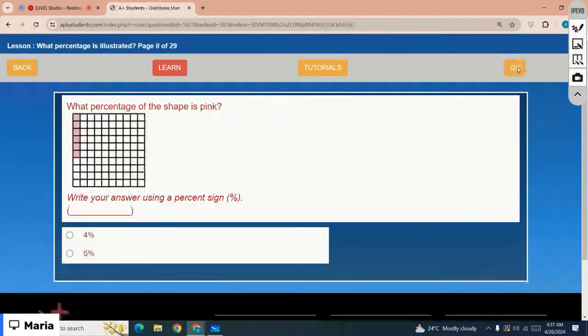What percentage of the shape is pink? The correct option is 6%.